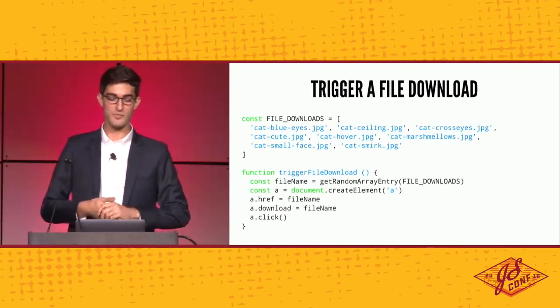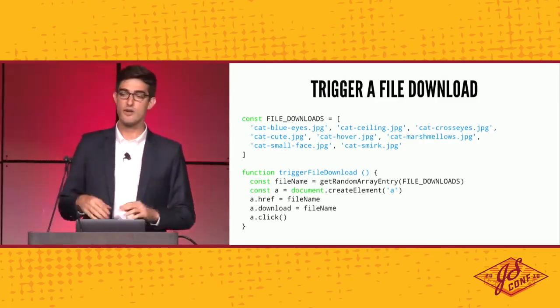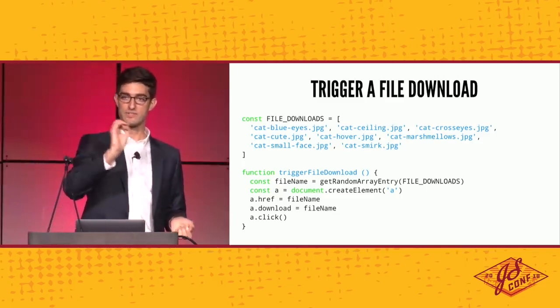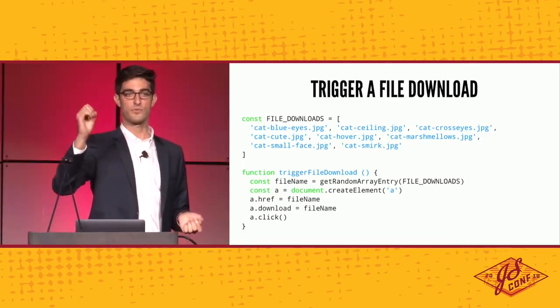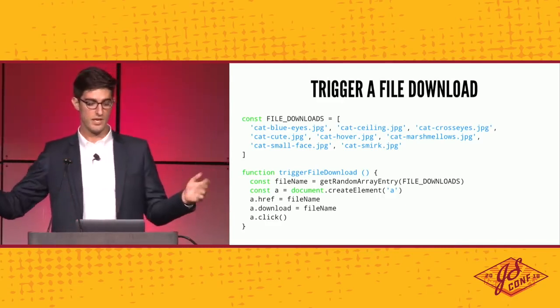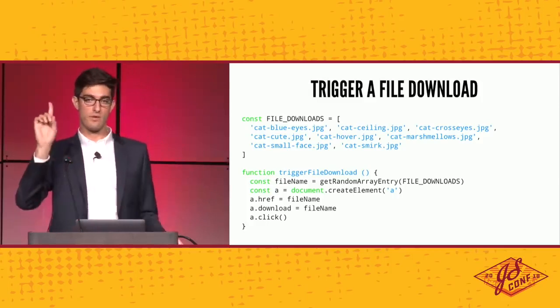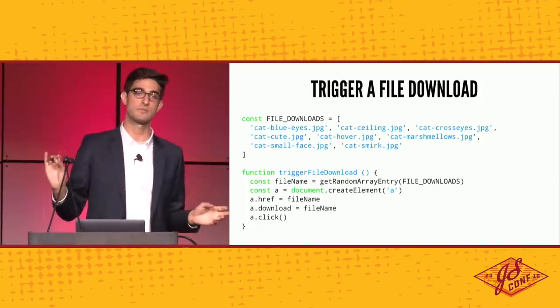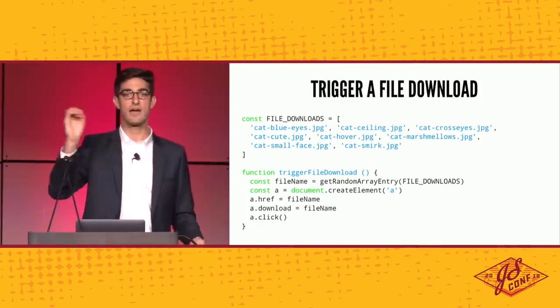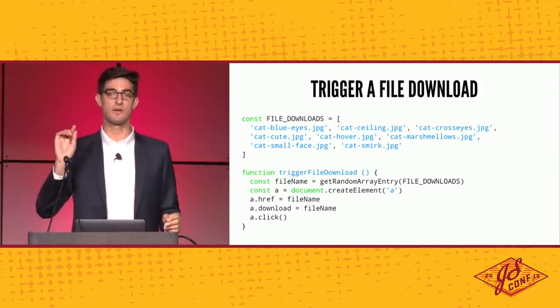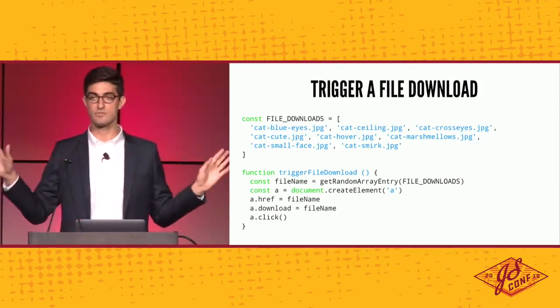Okay, so here's another one. This is a great one too because I don't know if you've seen websites where you go to download a file and then you get the little countdown timer. It's like downloading in 5, 4, 3, 2, 1, and then the file downloads. Well, what's going on is you're allowed to download one file without any user interaction. If you think about it, it's counting down and then it downloads a file and you haven't even clicked anything. So we're allowed to trigger one file download immediately without any user interaction.